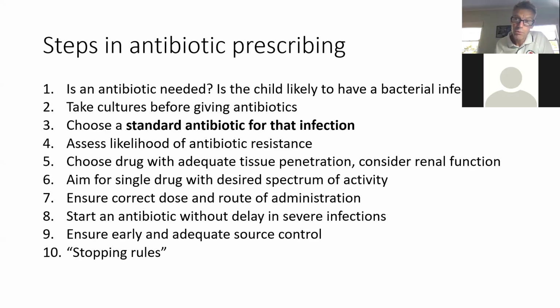So the point is, unless you've got adequate source control, the antibiotics won't work. So we should always strive for identifying the source of the infection and ensuring that you've got adequate source control. If you've got a collection of pus somewhere, then the antibiotics are unlikely to work.